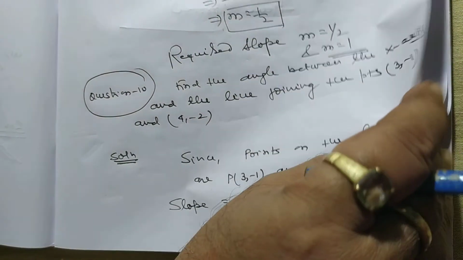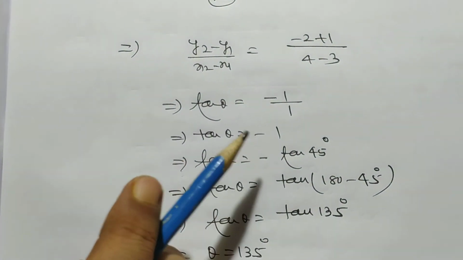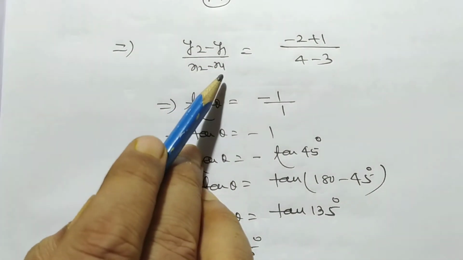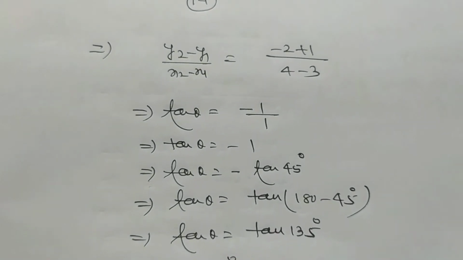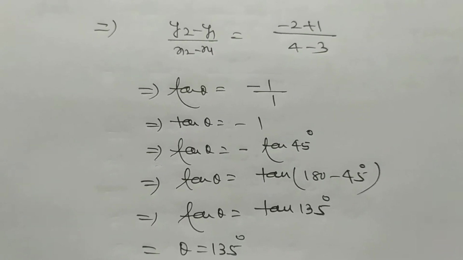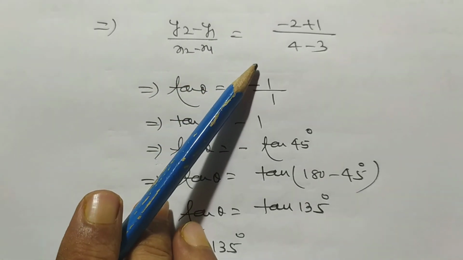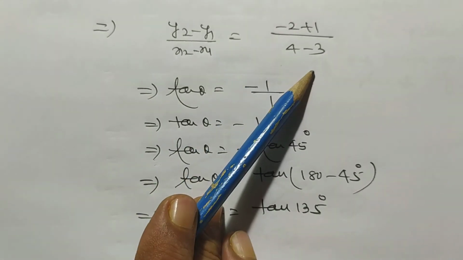And this will be tan theta is equal to (y2 minus y1) by (x2 minus x1), which is equal to (minus 2 plus 1) divided by (4 minus 3).